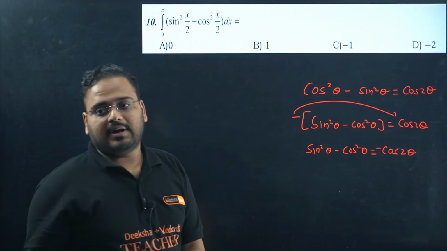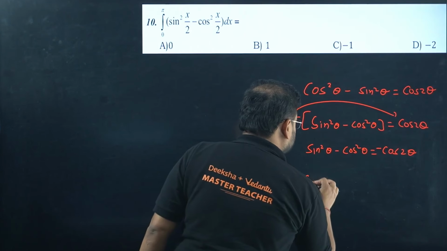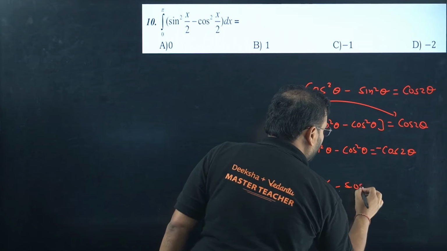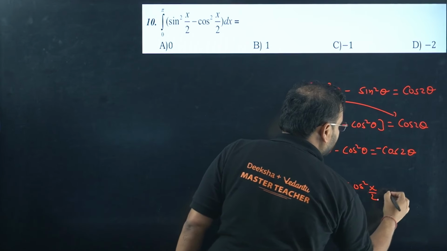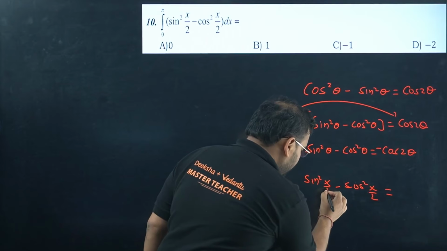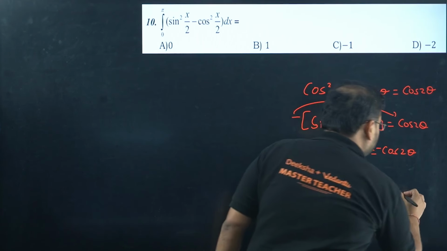With a minus sign. Now write this, what is given to you. Sine square x by 2 minus cos square x by 2. Now compare. If theta is x by 2, then 2 theta will be simply x.